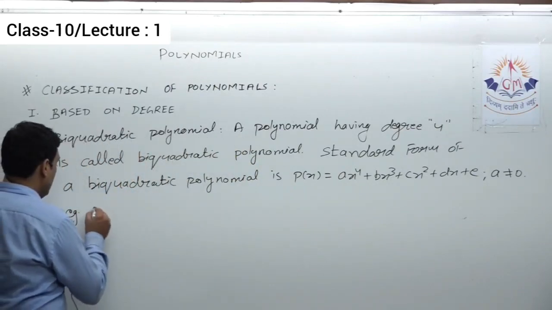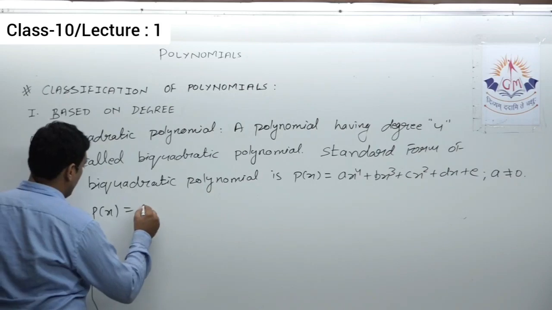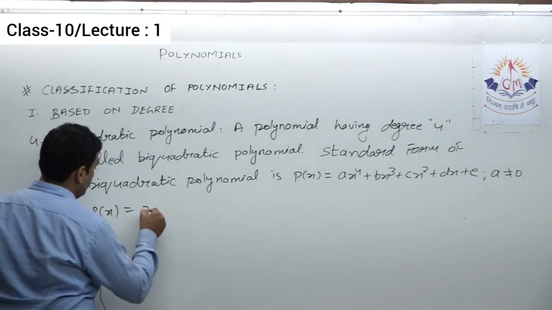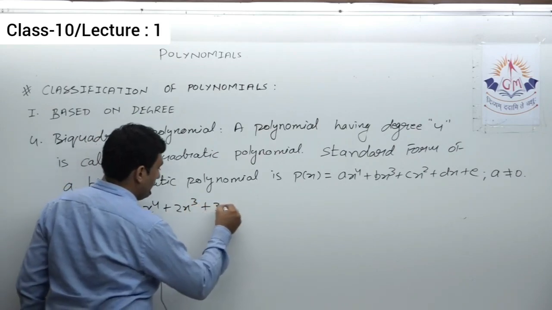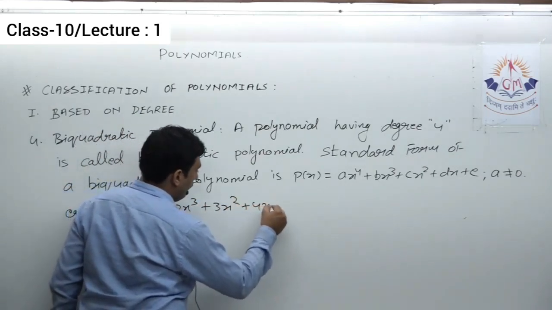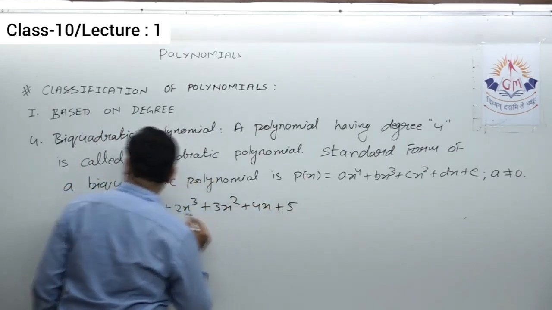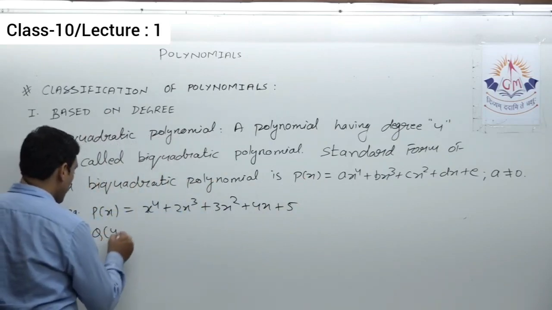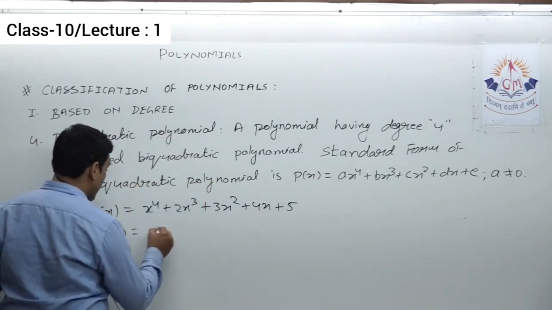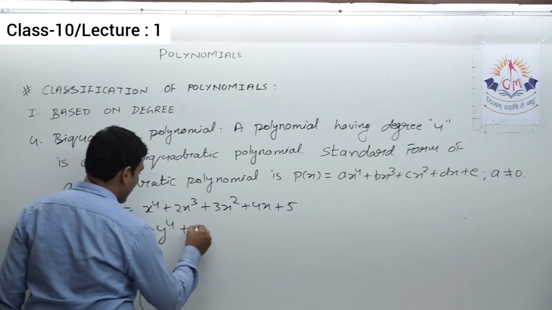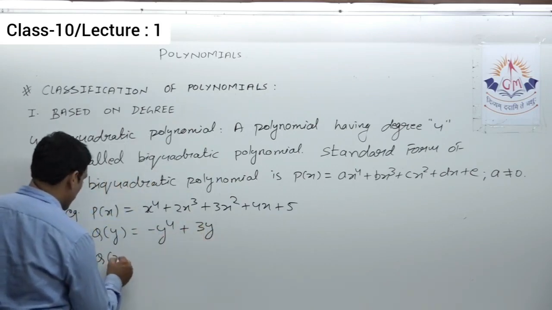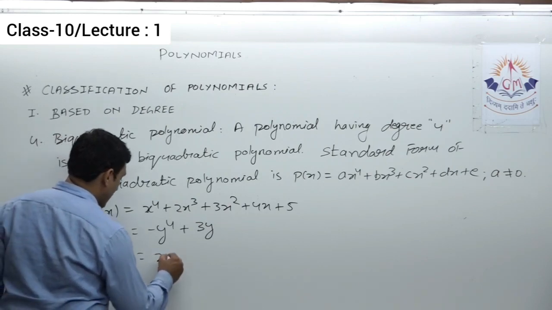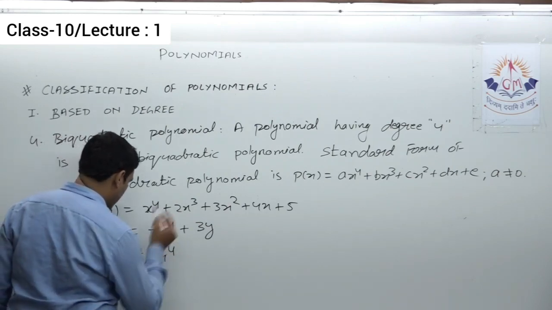Now example, p(x) = x^4 + 2x^3 + 3x^2 + 4x + 5. Q(y) = -y^4 + 3y. Q(x) = 4x^4.